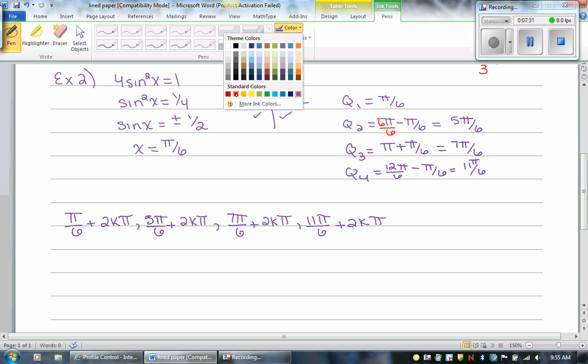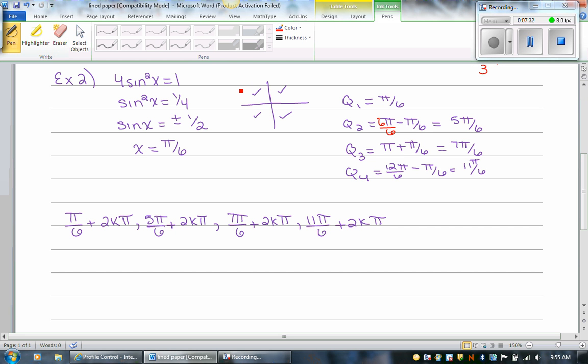We can also look at those in terms of degrees. So we can write that as 30 plus k times 360, 150 plus k times 360, 210 plus k times 360, and 330 plus k times 360.